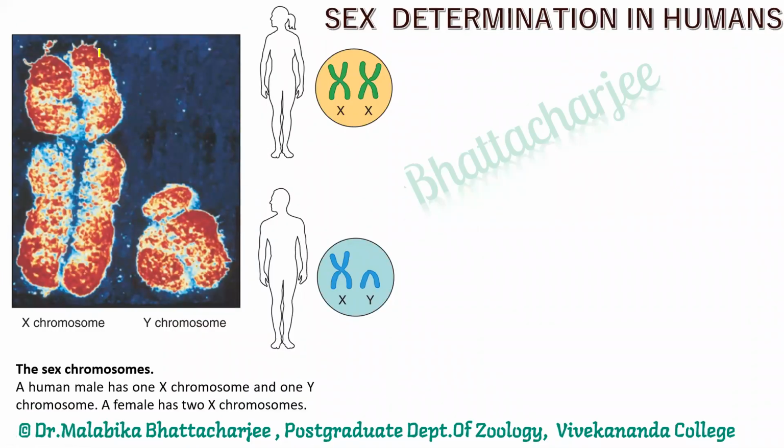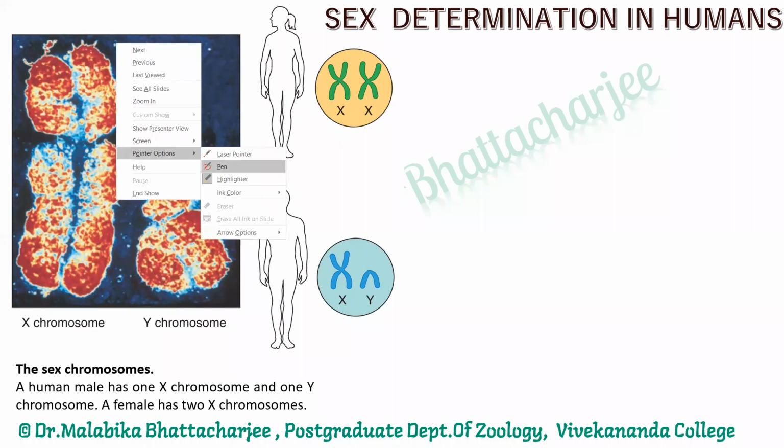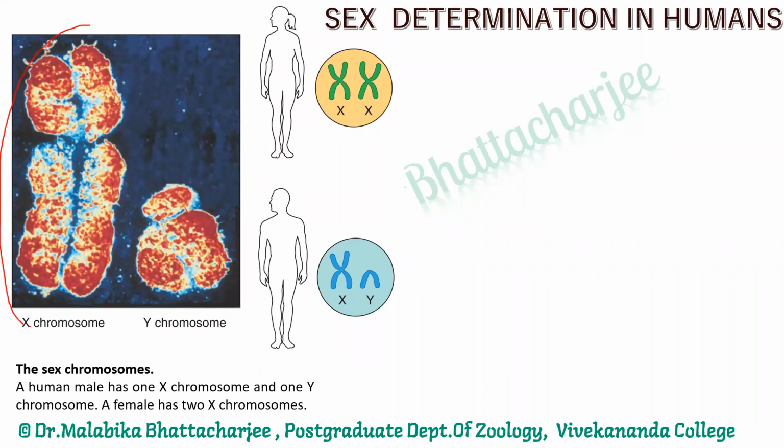Now, when we are talking about the chromosomes, as you can see, this is the X chromosome, and this is the Y chromosome. The sex with two different sex chromosomes is the male. In the male, one sex chromosome is X and the other is Y. That is the heterogametic sex.